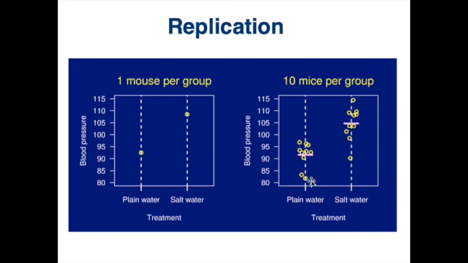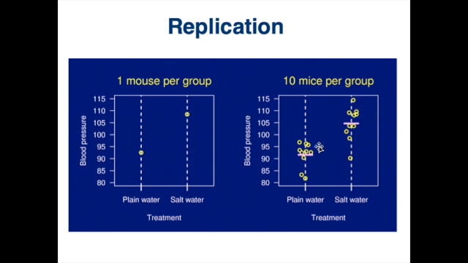Some mice just have lower blood pressure than others, and some have higher. The same would happen when you have an intervention like salt water. Some of them are going to have very high blood pressure, and some of them are going to have blood pressure that looks very similar to mice drinking plain water. If you chose one mouse, what if you chose this mouse and this mouse? It would look like the salt water doesn't have any effect.